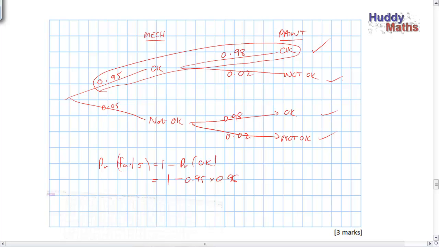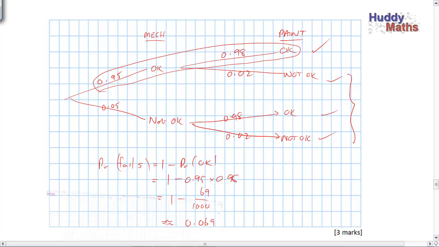So rather than work out all these, take it away from 1, which comes to 69 over 10,000 or something. It doesn't ask for 3 significant figures, but you could do it, 0.069. Okay, so you use a calculator for that.